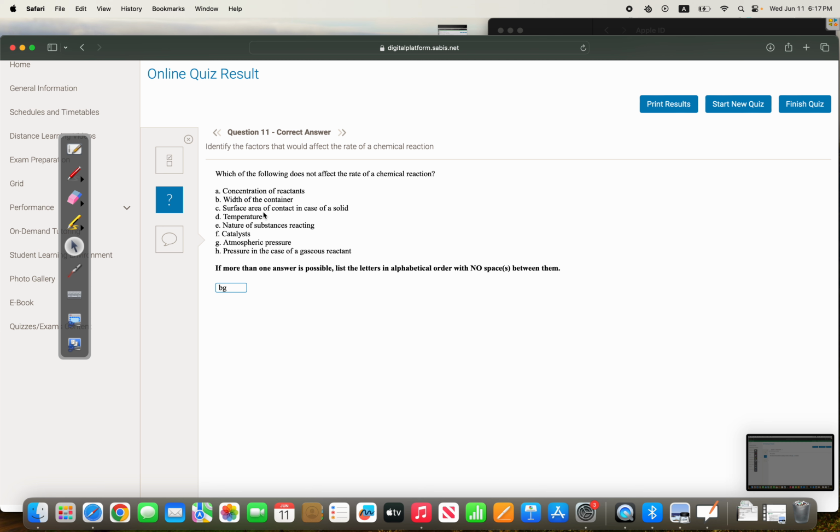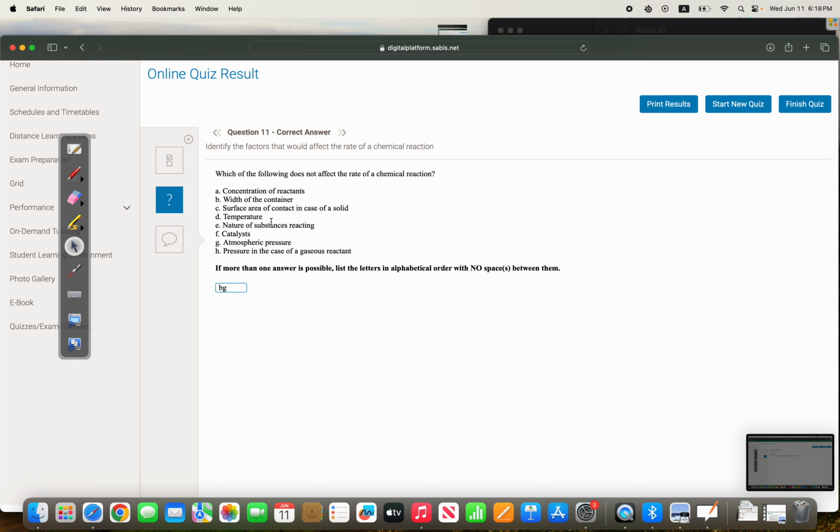The surface area of contact in case of a solid: an increase in surface area will result in an increase in collisions, which results in an increase in effective collisions, which at the end of the day results in an increase in rate of reaction. An increase in temperature will result in an increase in collisions, an increase in effective collisions, which at the end of the day results in an increase in rate of reaction.